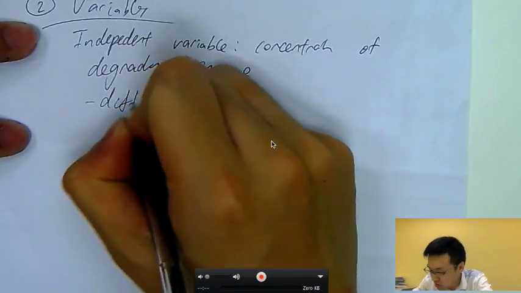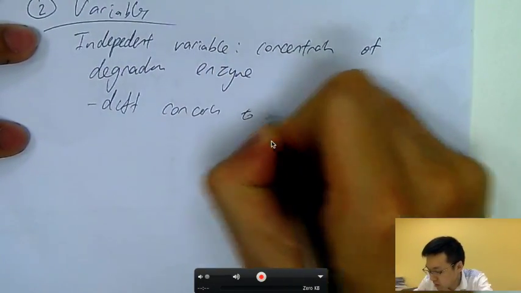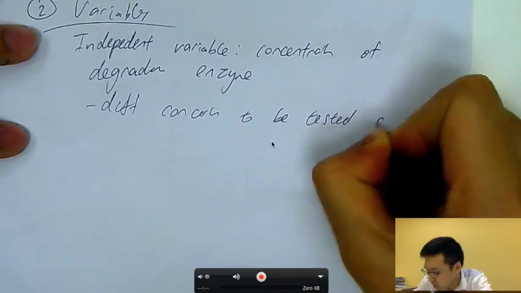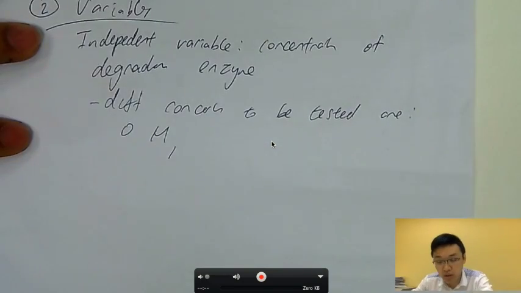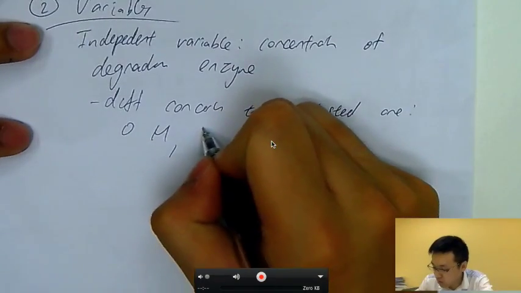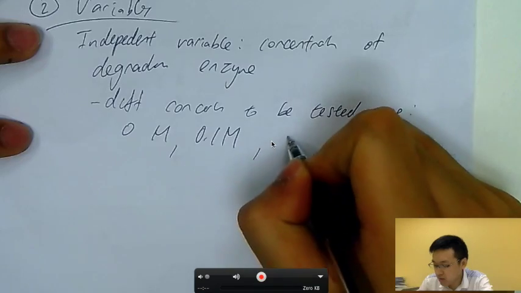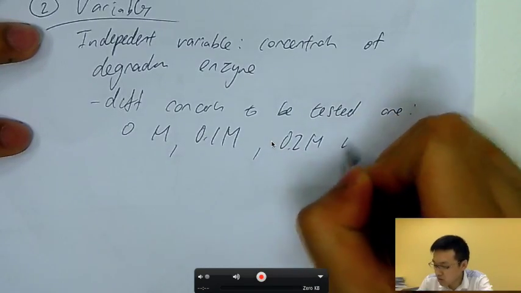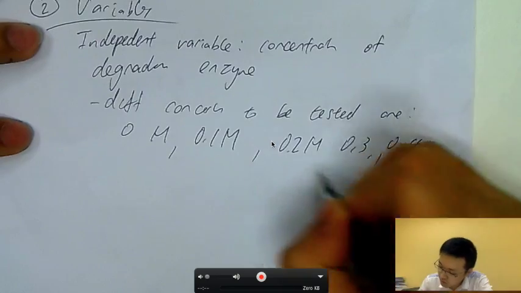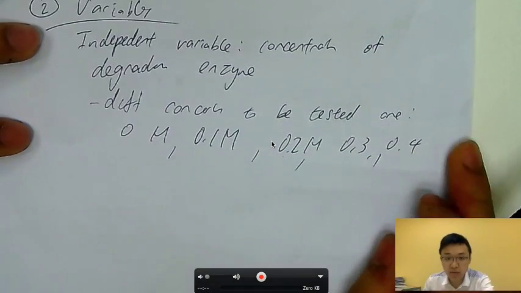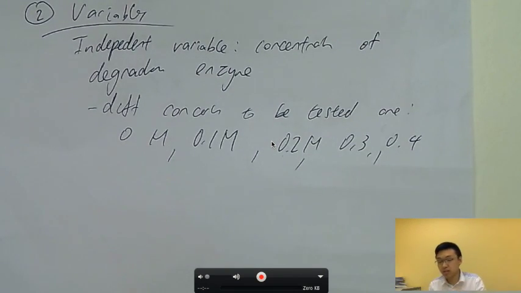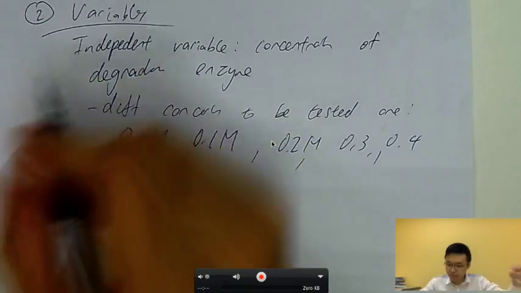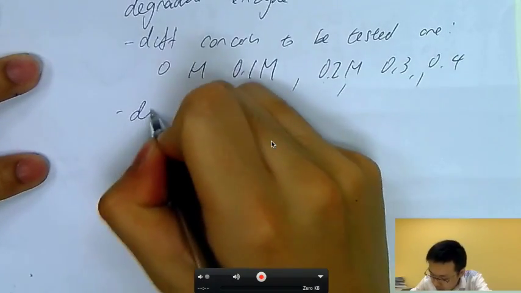For example, different concentrations to be tested are 0 molar, so 0 moles per milliliter, or 0.1 molar, 0.2 molar, 0.3, 0.4. The point here is you need to at least have 5. For the independent variable, test at least 5 different values. Now, the dependent variable.